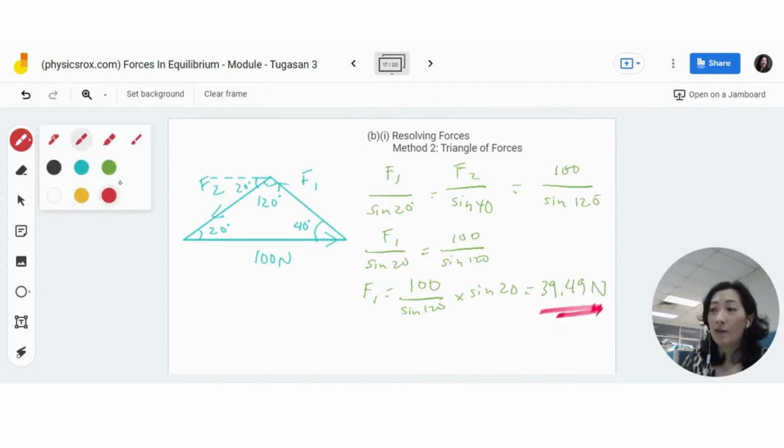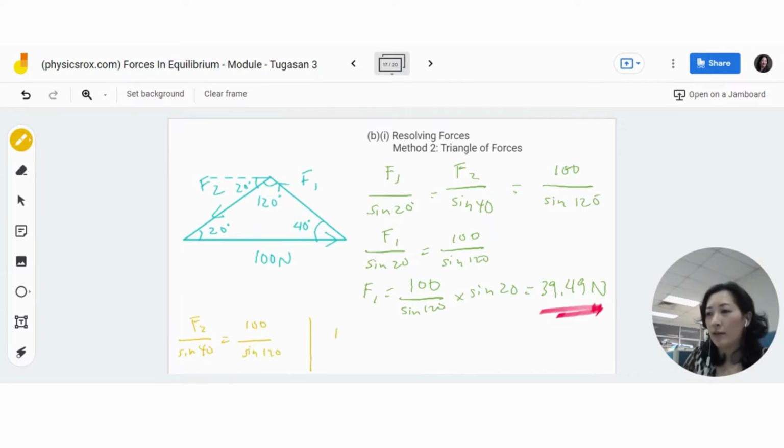And we're going to use the same method, of course, to solve f2. I'm just going to write it over here because I'm running out of space. So f2 over sine 40 equals 100 over sine 120, which means that f2 equals 100 over sine 120 times sine 40, and that gives us, quickly keying it into my offline calculator, 74.22 Newton.